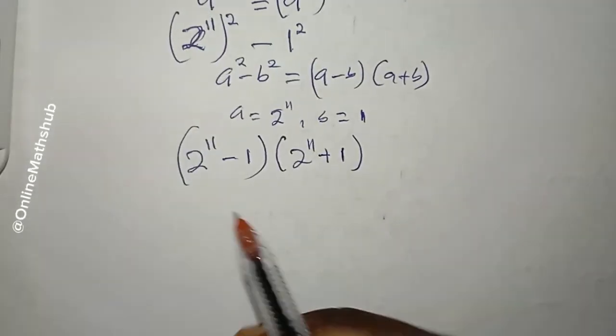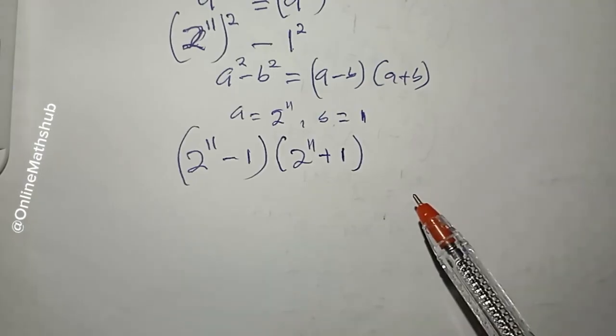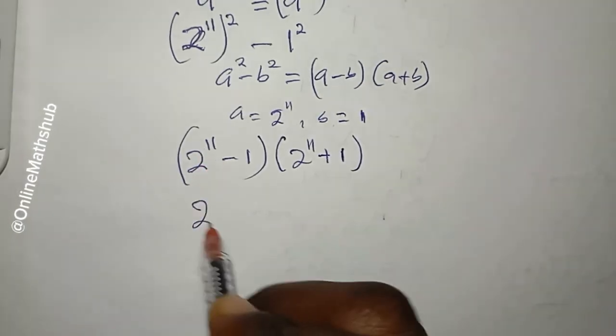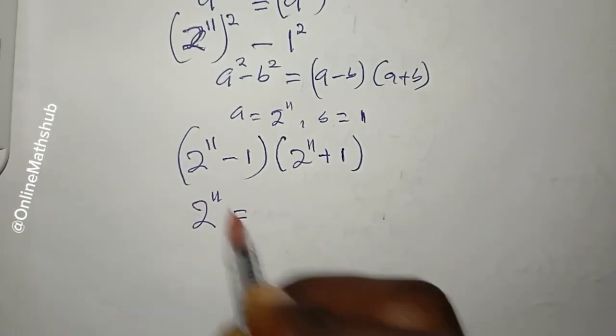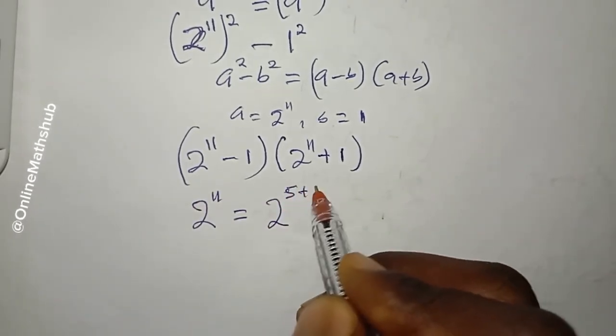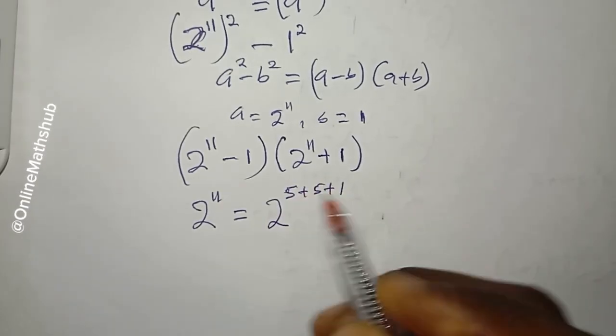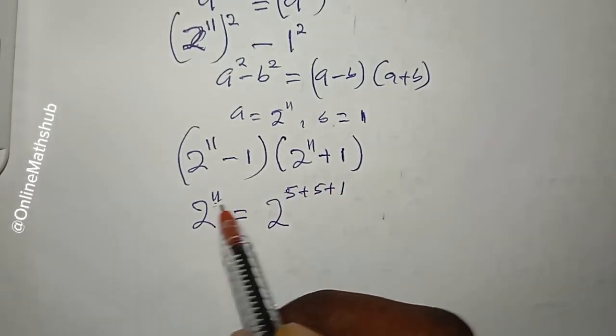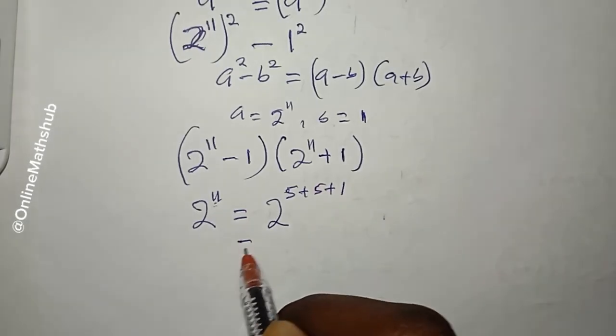So to finish this evaluation, we just need to compute 2 power 11. How do you do that? We can write 2 power 11 as 2 power 5 plus 5 plus 1. We split this 11 so that we find it more convenient to solve.